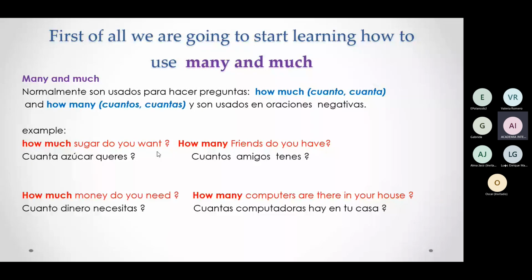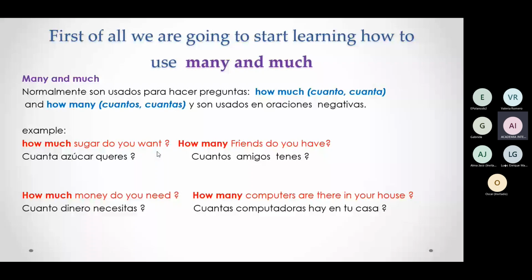Decimos eso en español. ¿Alguna vez lo han dicho? ¿O se les suena raro decir eso? A mí sí, ¿a ustedes? Suena raro, ¿verdad? Entonces, eso nada más es un ejemplo, porque tampoco es como que vamos a estar traduciendo todo. Entonces, nunca se usa how many with uncountable nouns.